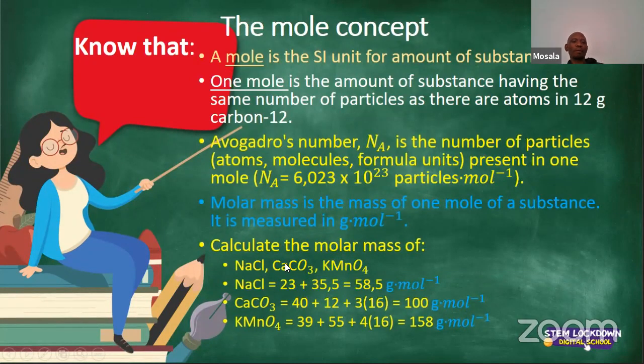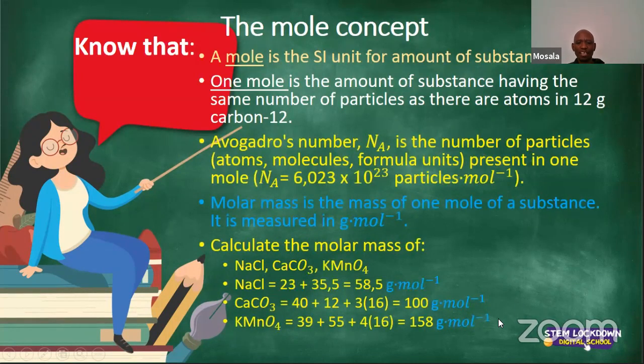Now, the same thing applies to calcium carbonate. You go to your periodic table: the molar mass of calcium is 40, carbon is 12, and there are 3 oxygens, so 3 times 16, which is 48, plus 12 gives you 60, plus 40 gives you 100 grams per mole.